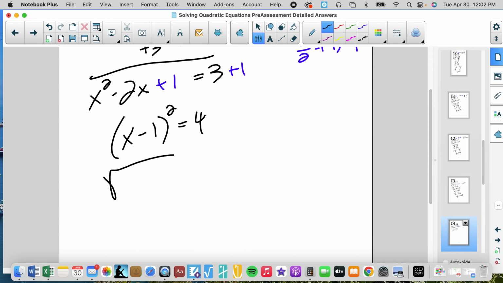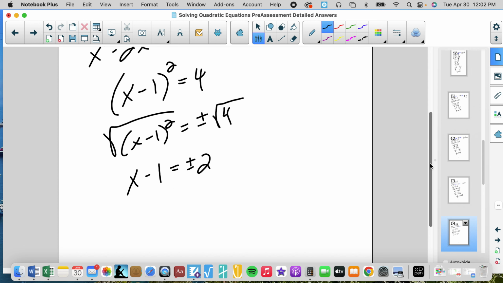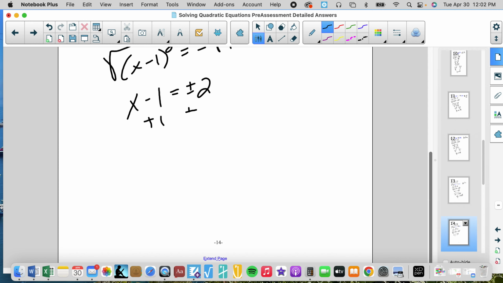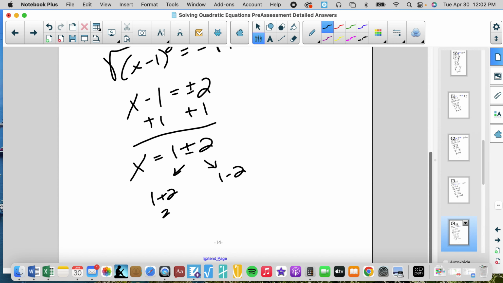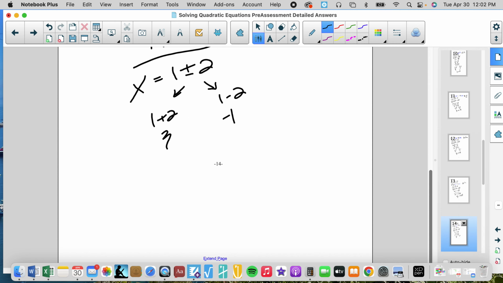We'll take the square root of both sides. Plus or minus rad 4. X minus 1 equals plus or minus 2. Add 1, add 1. We get x equals 1 plus or minus 2. 1 plus 2, 1 minus 2: 3 and negative 1 are my solutions.